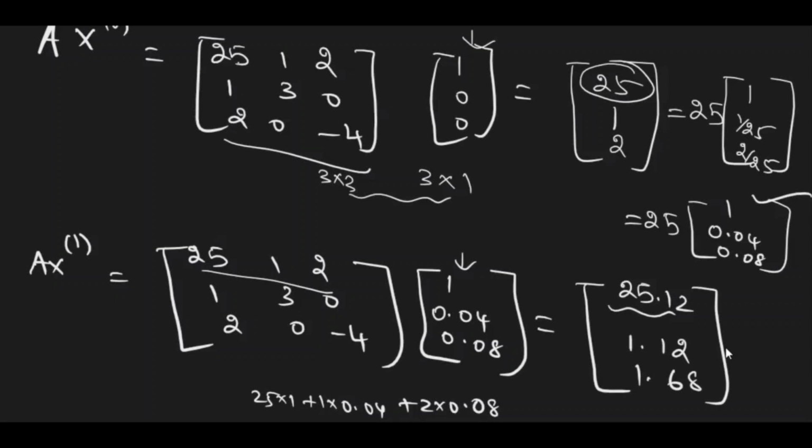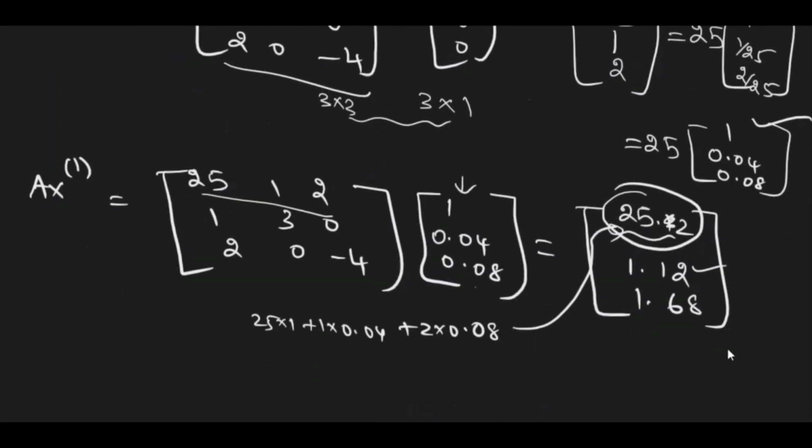If you simplify the first value, you can see this is the highest value, and you can take the highest value outside. If I divide all the values by the highest value, then always, after taking the highest value out, the first value will become 1. It's not 25.12, it's 25.2.